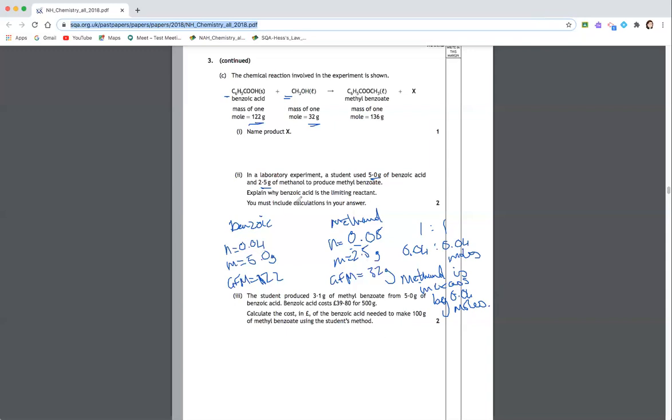But the reason why you would want it as the limiting reactant would either be to fully react all the benzoic acid, or it could be that the benzoic acid is a more expensive reactant, because you don't want to be adding excessive reactant that costs you lots of money and not reacting at all. Okay, so then part 3, calculate the cost of benzoic acid needed to make 100 grams of methyl benzoate.